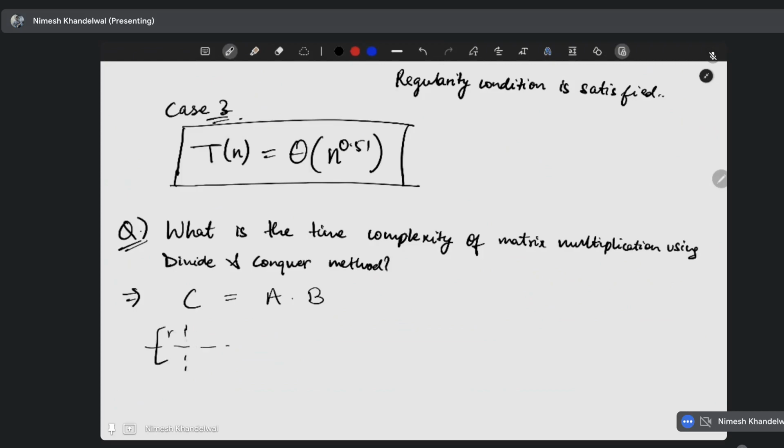We calculate partitions of C using partitions of A and B.